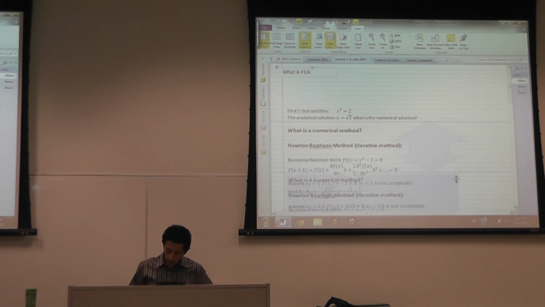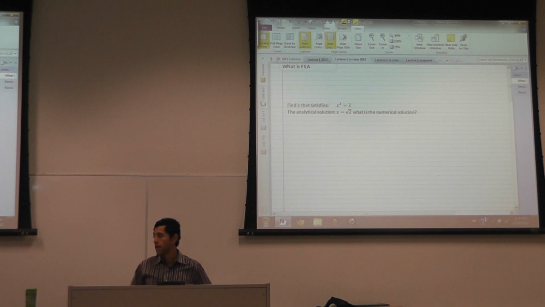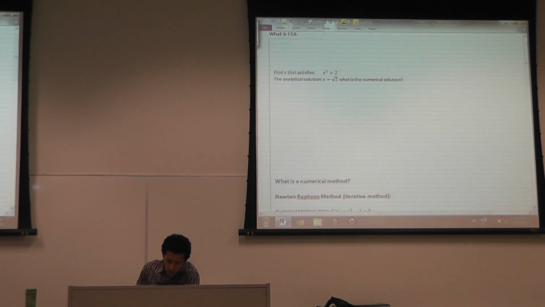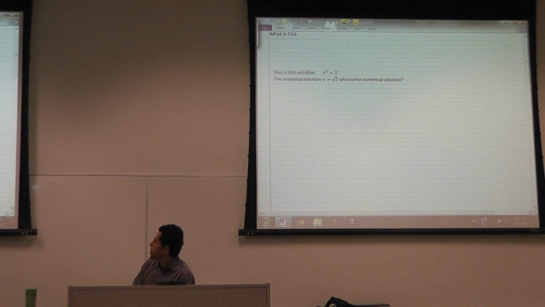In general, finite element analysis is a numerical method. Let's understand what a numerical method is. Say there is a problem in front of you that says find x, such that x squared equals 2.